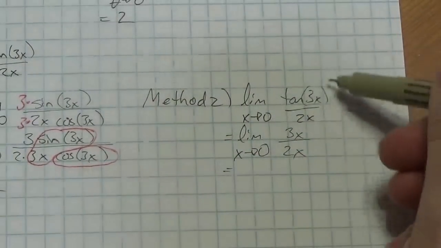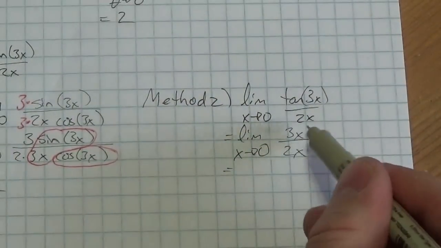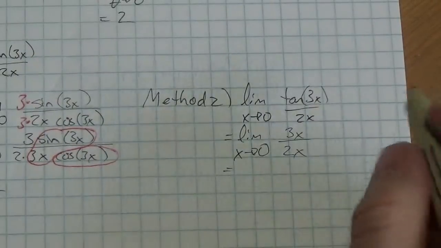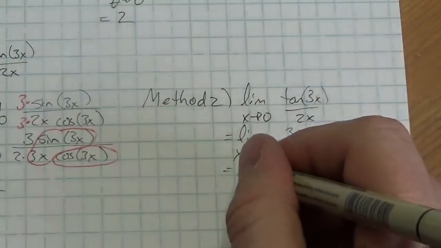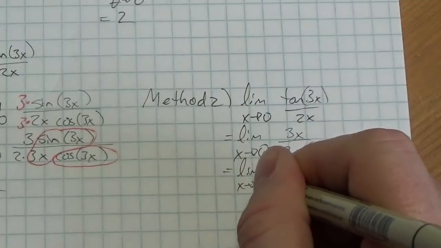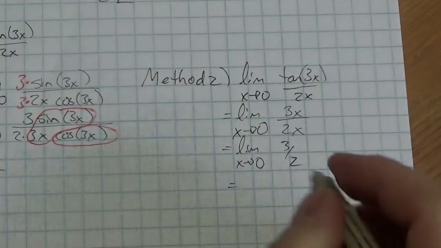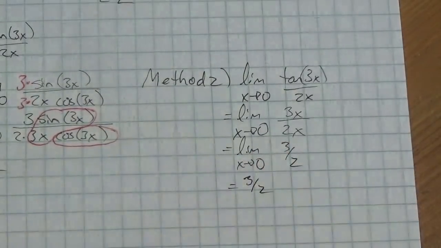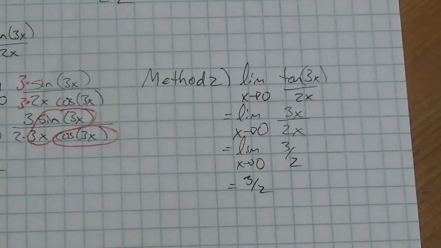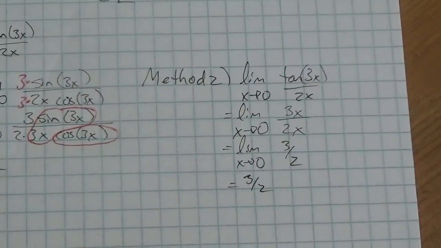So the limiting behavior of the tangent of 3x will be identical to the limiting behavior of 3x. The x's will cancel. We're left with the limit as x approaches 0 of 3 over 2, which is just a constant, 3 over 2. And so there it is again. Isn't that interesting? I love that.